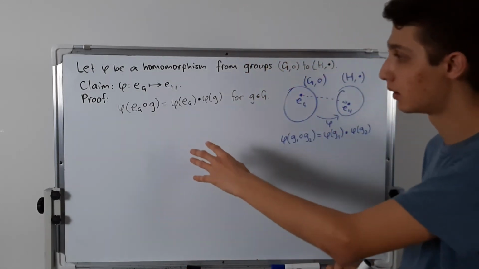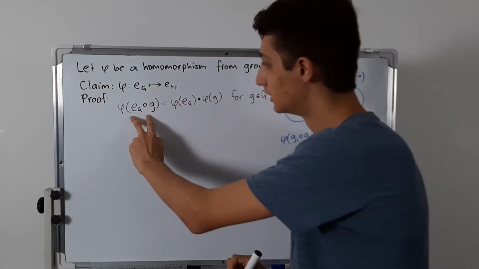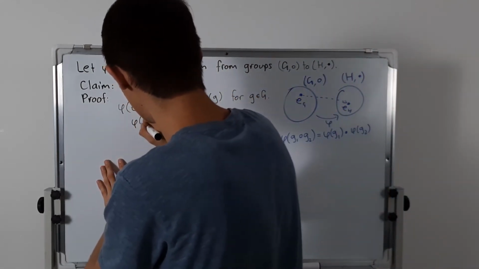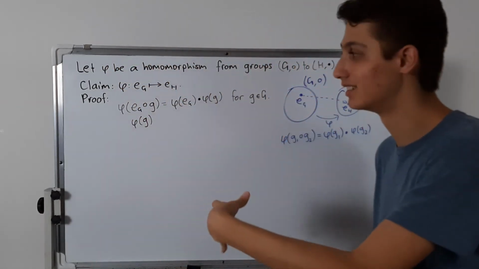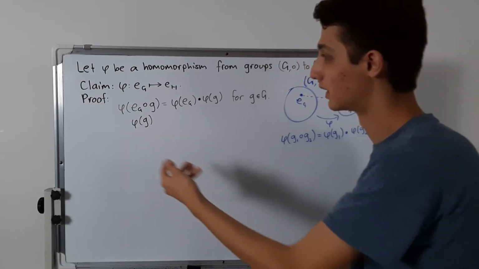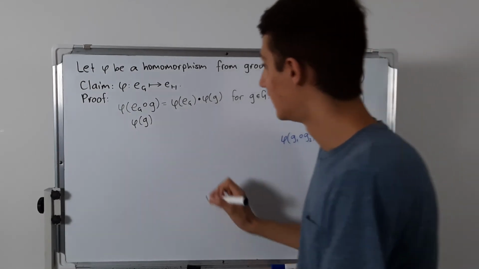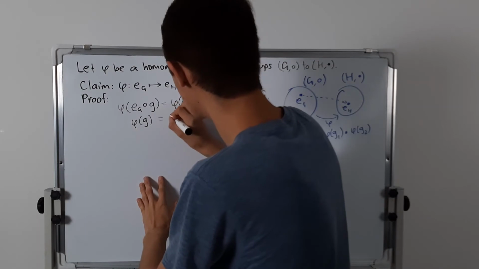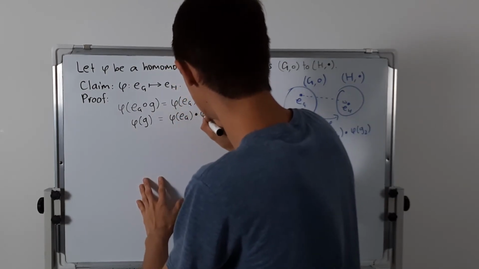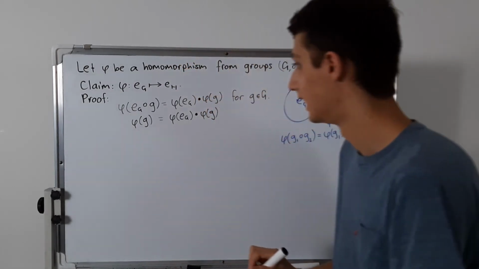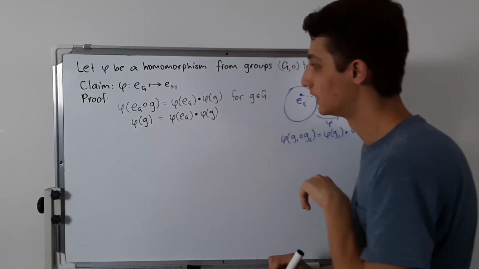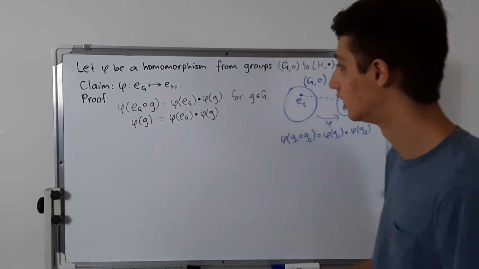Well now, we know that phi of E sub G composed with G is just phi of G, because the identity is defined to just do nothing and leave it as G. That's what an identity does. And so we know that phi of G is equal to phi of E sub G composed with phi of G. If you notice, we have this and this on both sides, so we can use the inverse.